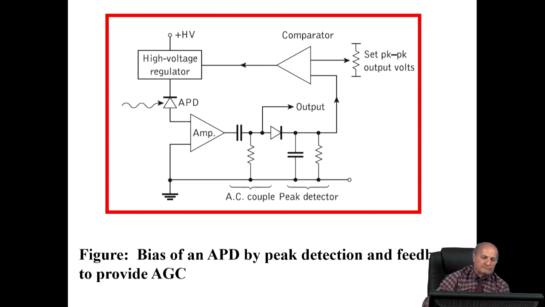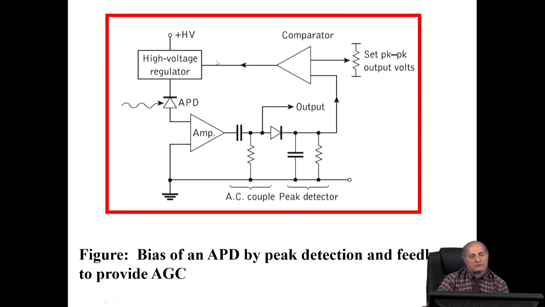If we look here, this is an avalanche photodiode, where the gain is controlled through the voltage, and we have here what is called a peak detector diode and low pass filter, like the envelope detector used in AM modulation.